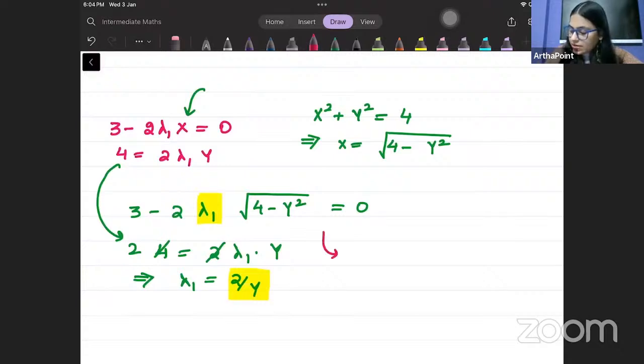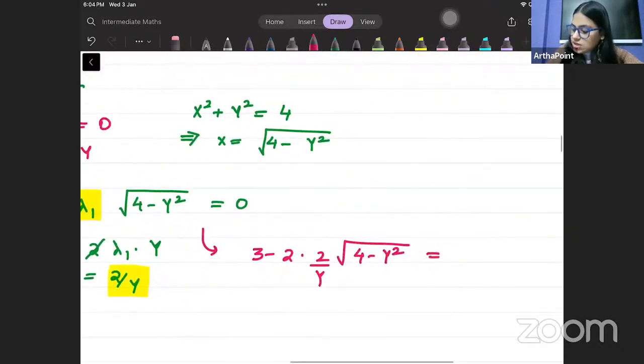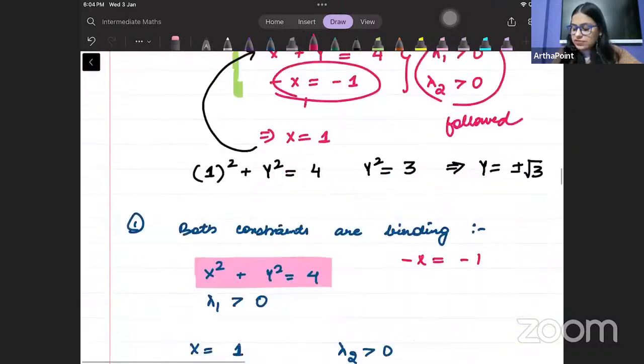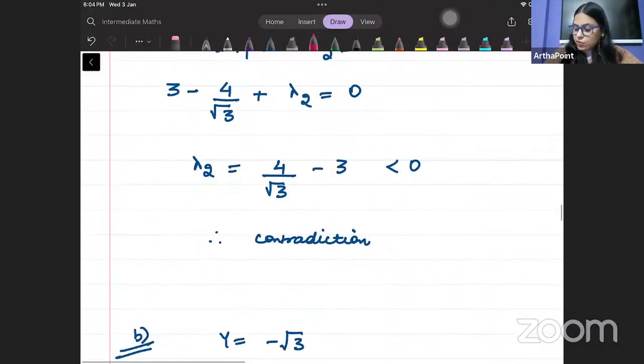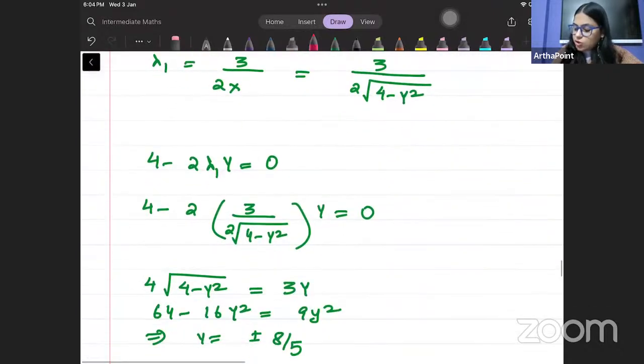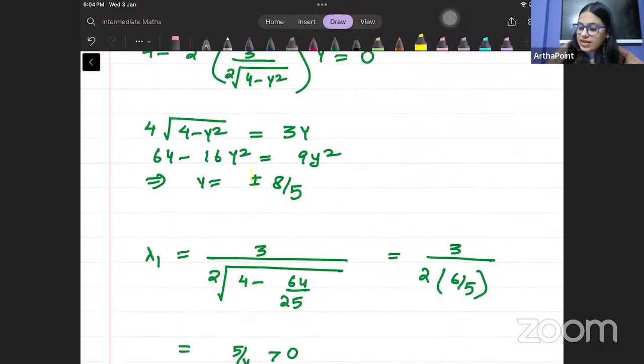I will get 3 minus 2 into 2 by y into the square root of 4 minus y square is equal to 0. Okay. Just solve this equation. I am leaving it up to you. I will give you the answer when you solve this equation. Then you will get the value of y as plus minus 8 by 5. This is the answer for y that you get by solving it.